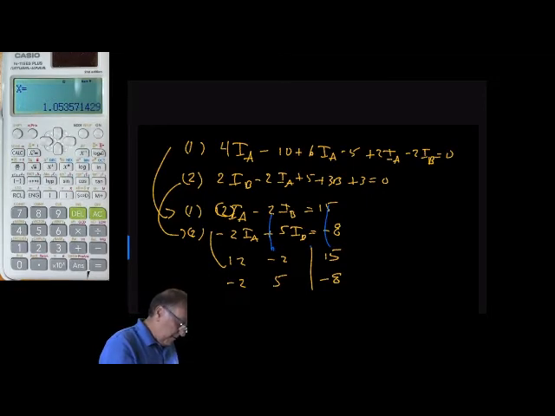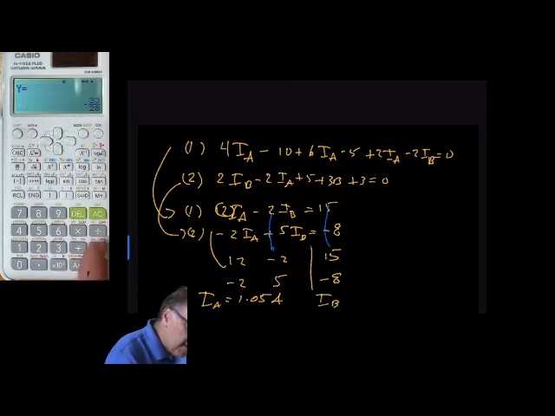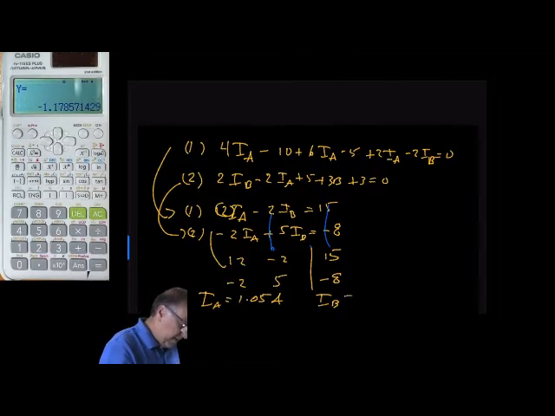So we get I sub A then equal to 105 amps, and I sub B, hit that equal sign again, a minus 1.18 amp.